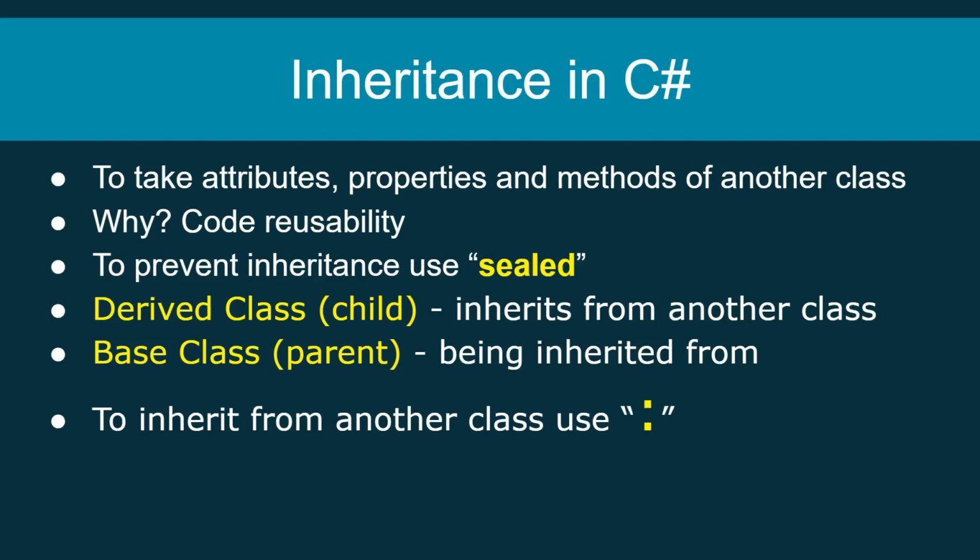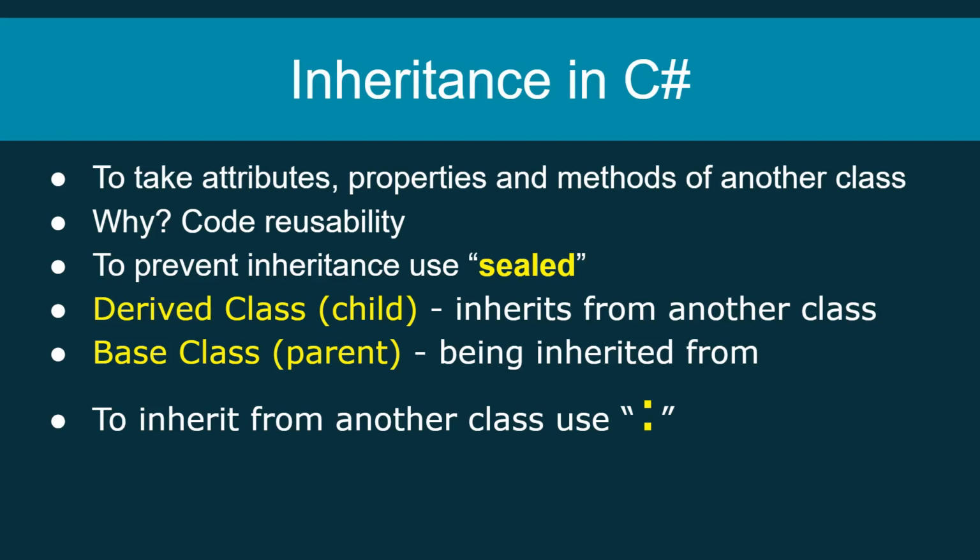Properties and methods in another class, if they are public or internal or protected, you can inherit them. So private members cannot be inherited. You can prevent inheritance by using the sealed keyword before the keyword class.